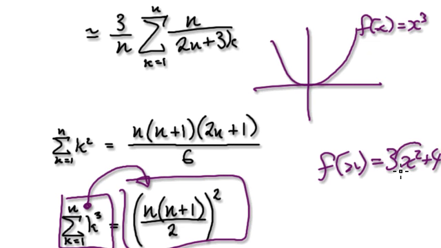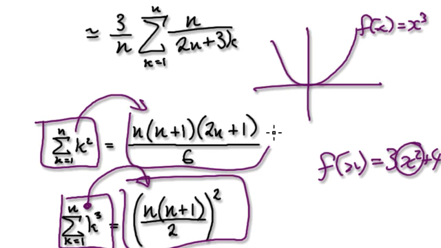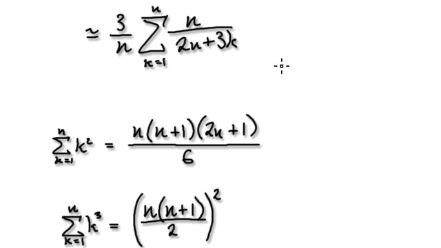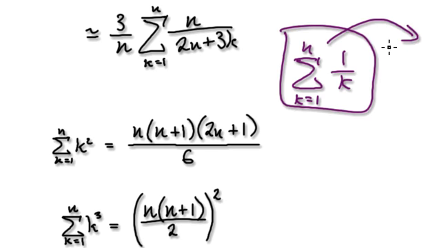We would somehow isolate this k squared and then jump to this. But here, we have no way of isolating this k. Even if we could isolate 1 over k here, we've got no formula.